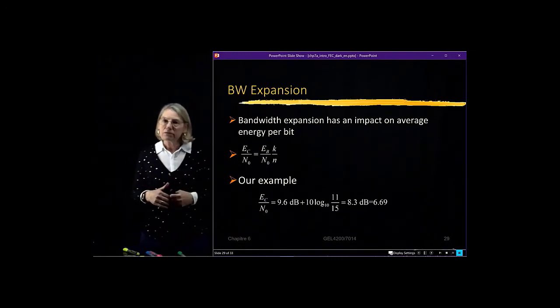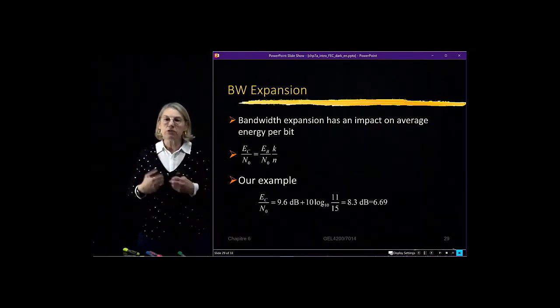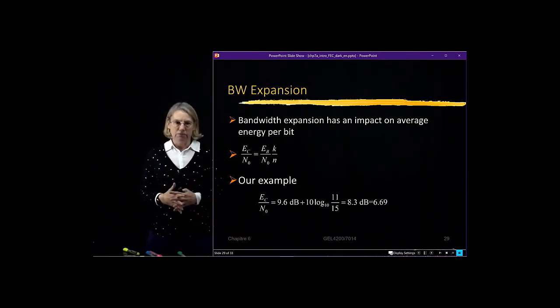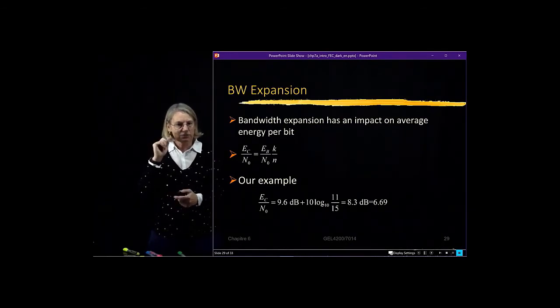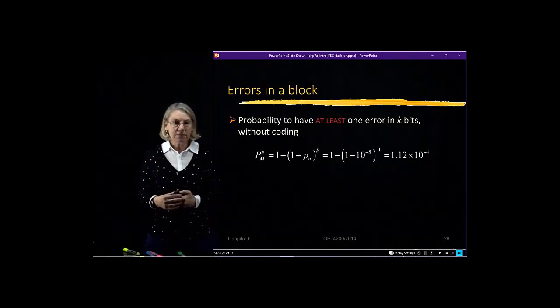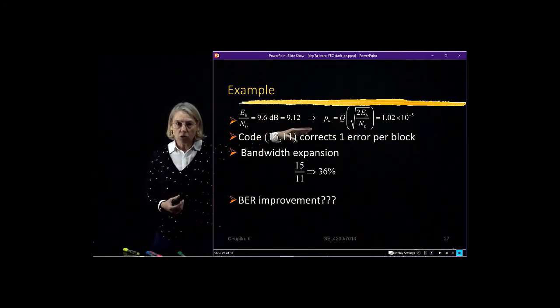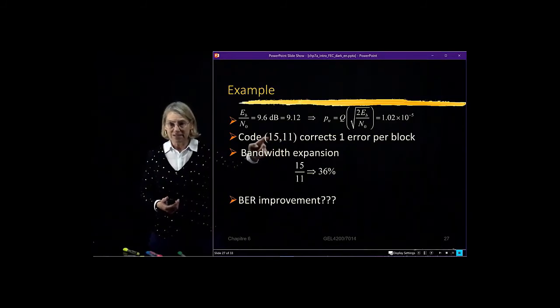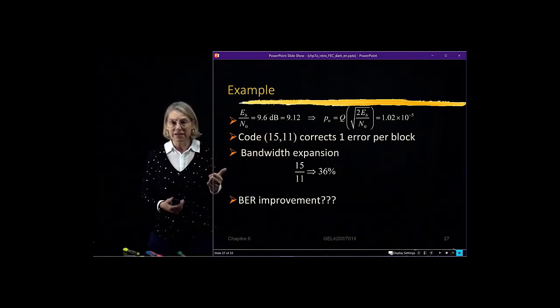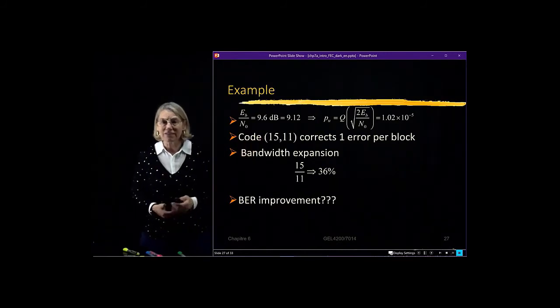Now I want to ask the same question, but when I use coding. First of all, I have to change, because the Eb/N0 that I have here, 9.6 dB, that's when I'm only sending those 11 bits. When I have to send 15 bits, I also have to take the energy and spread it over 15 bits instead of spreading it only over 11 bits.